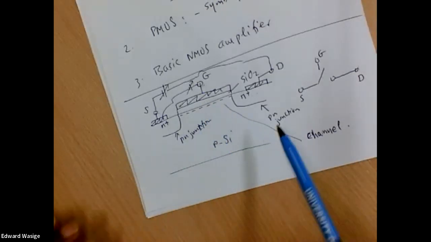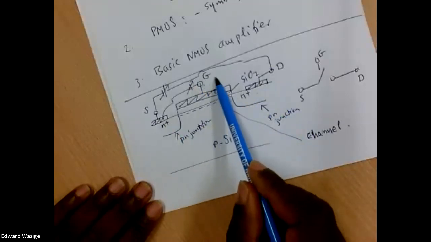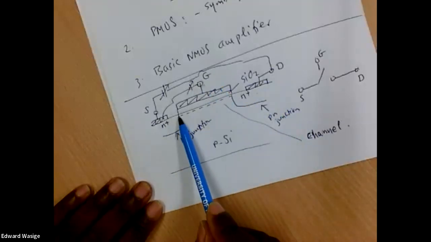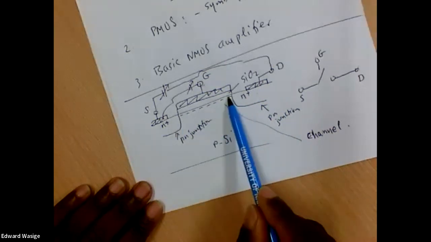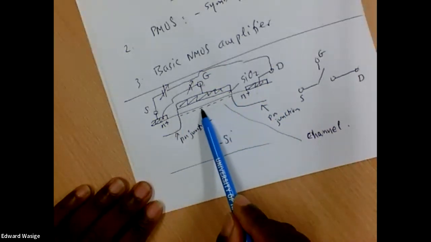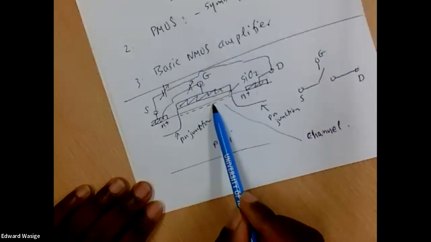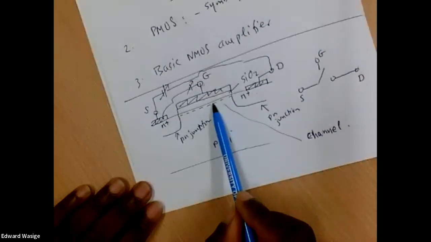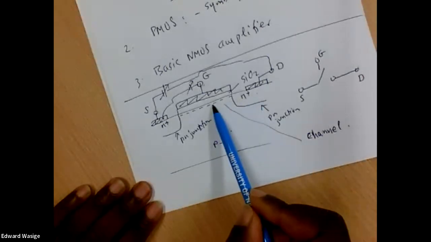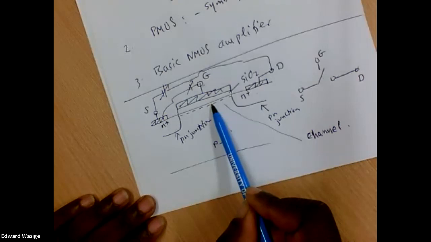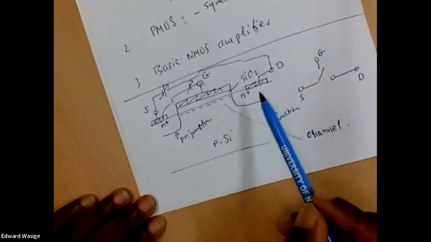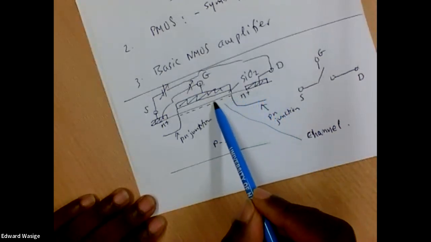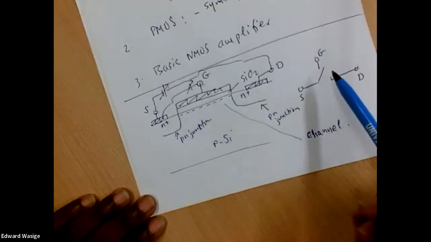When the gate voltage is high enough, we can have an accumulation of electrons in this area. And because we now have excess electrons in this area, it also behaves like an N-type area. And then we have a path through which the current can flow.